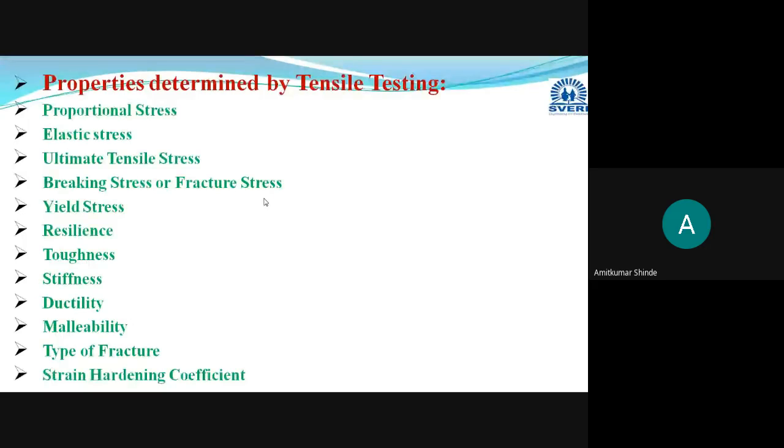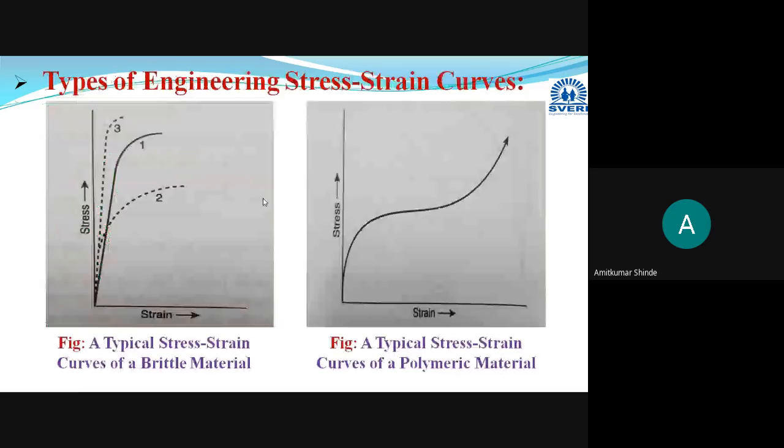What is the difference between these two curves? Then what kinds of stress strain curves are obtained for ductile materials, brittle materials, and polymeric materials, and which properties you can determine for a given component by conducting this tensile test. Okay, this is the list. These properties you can determine very easily. In this way we have completed this tensile testing part.